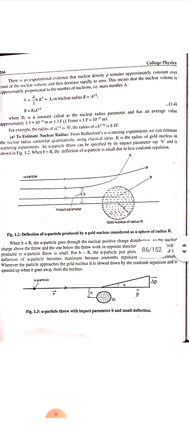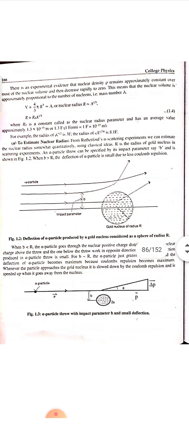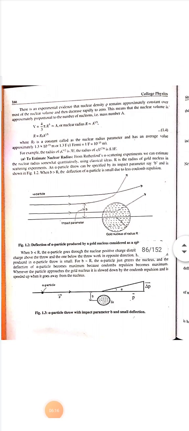Okay, but we are not going into detail of this particular topic. Rutherford's scattering experiment is used to estimate the nuclear radius of the atom. That may come for the MCQs. Which experiment? Rutherford's alpha scattering experiment, not only the scattering.